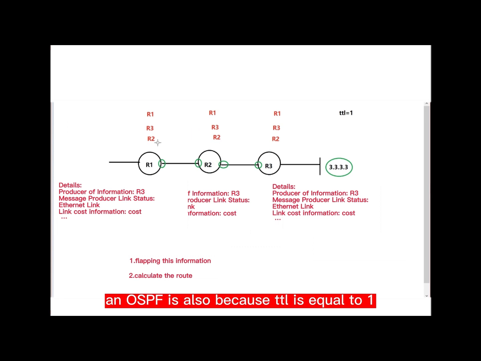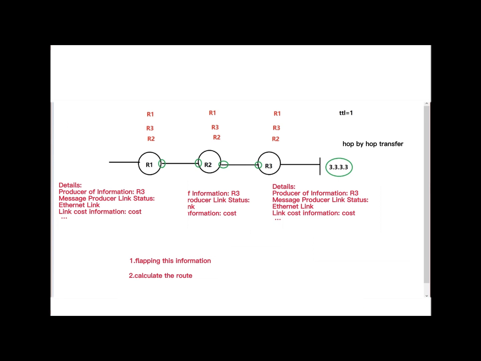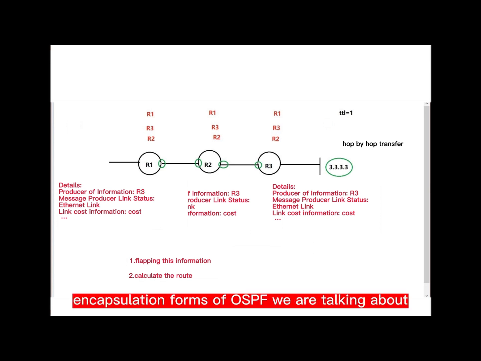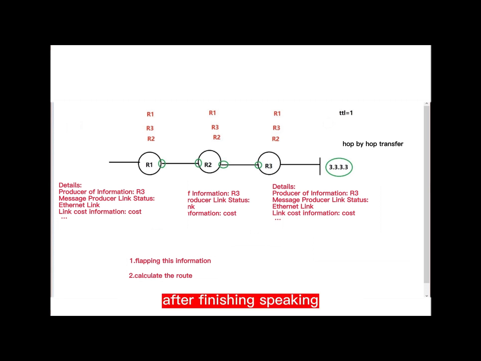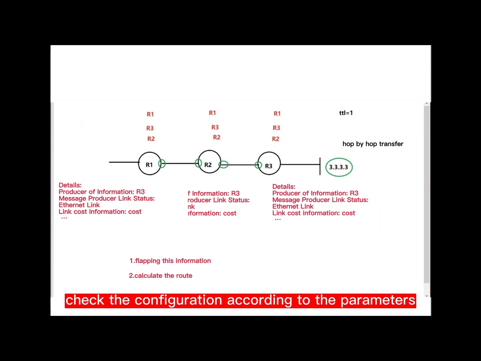And OSPF, because TTL is equal to 1, is called hop-by-hop transfer. Hop-by-hop transfer means that devices must transfer one by one. It has no way to cross. These are some basic encapsulation forms of OSPF we are talking about. Then let's discuss a few parameters. After finishing speaking, let's talk about 5 messages and 7 states, and after that, check the configuration according to the parameters.